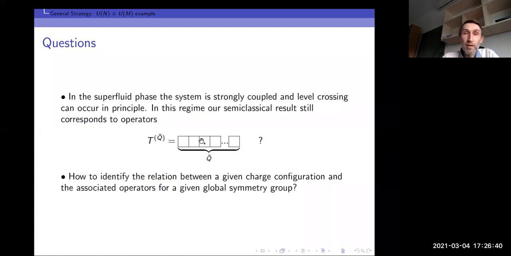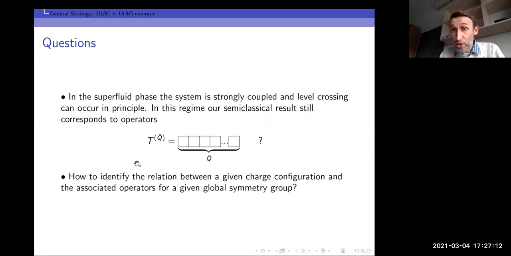So it's not clear to me that in the superfluid phase we're still talking about these operators. I'm not even sure it's a well-defined question. What are the representations of the operators underlying the result in the superfluid phase? Maybe somebody has a comment, but this is just to be clear that all the identifications I made for the operator structure should in principle be taken only in the perturbative regime of small 't Hooft coupling.